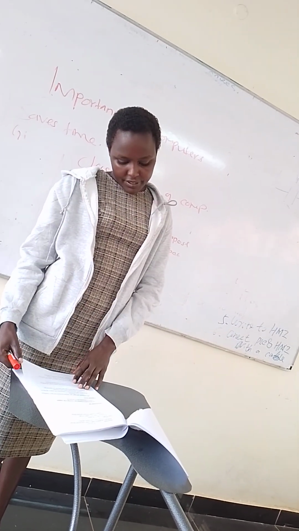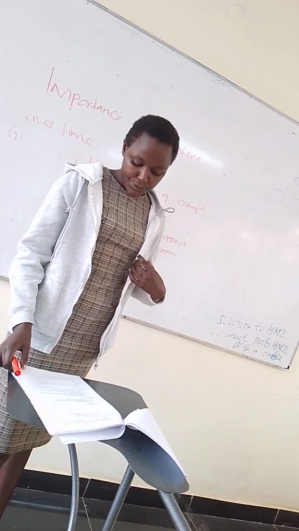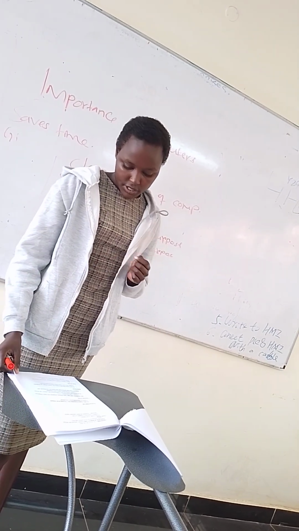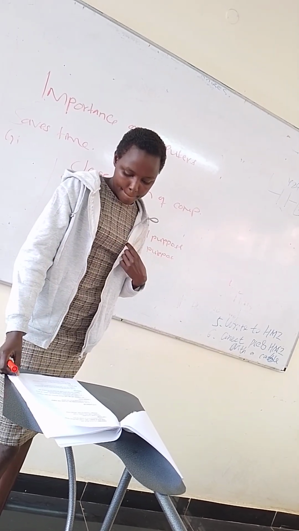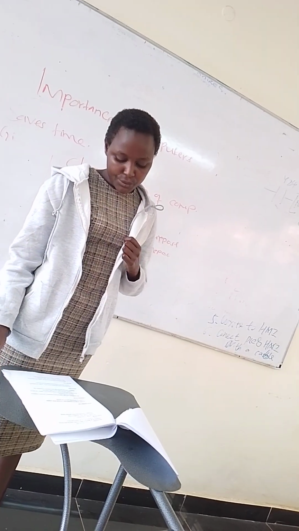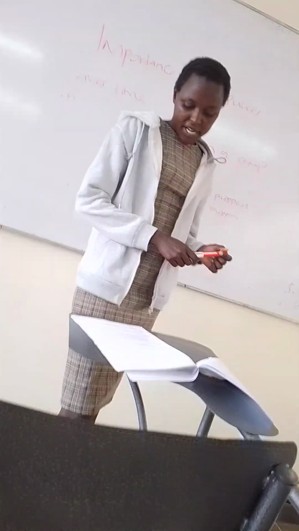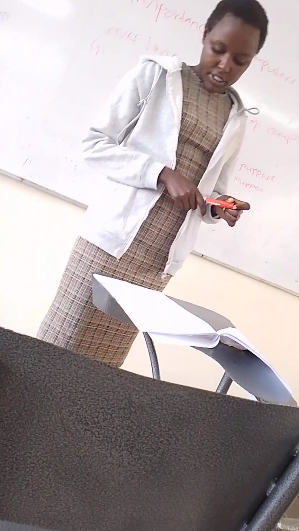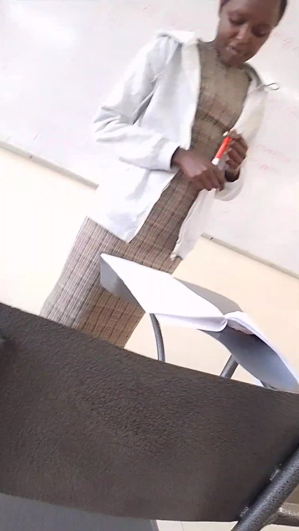Then we have the processing unit, the CPU, which is the brain of the computer. It carries out instructions given by the software. The components of the CPU: number one is the arithmetic and logic unit that performs calculations. Then the CU, the control unit, which directs the flow of data between the CPU, memory, and devices.